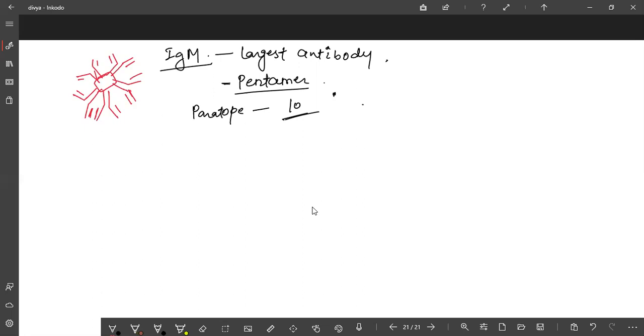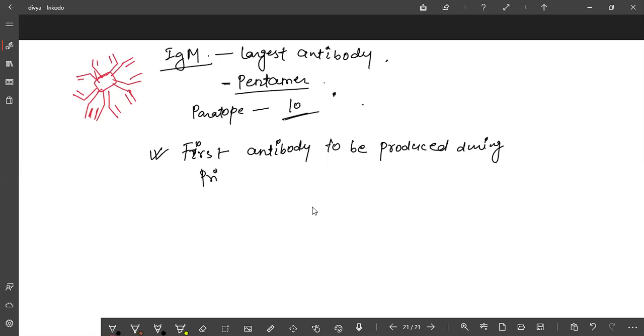So you can write: this is the first antibody to be produced during the primary response. IgM is the first antibody produced during which response?